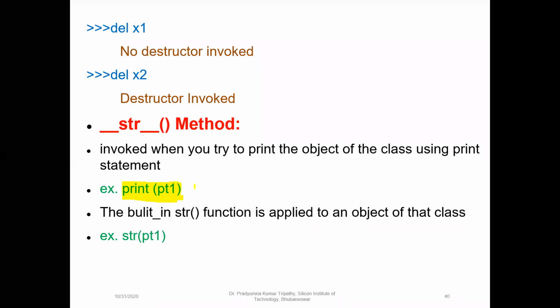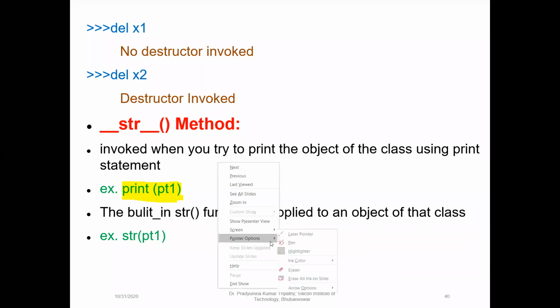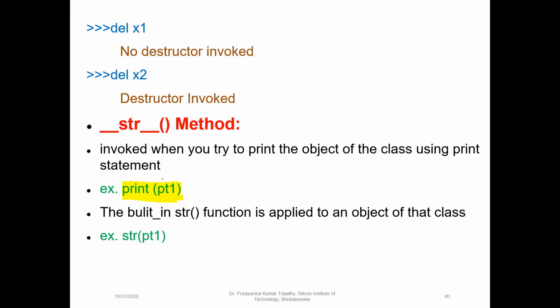So whenever you write print object, it will automatically call this str method. This will print the data members, class variables, member functions, and types that are present in your class, everything.